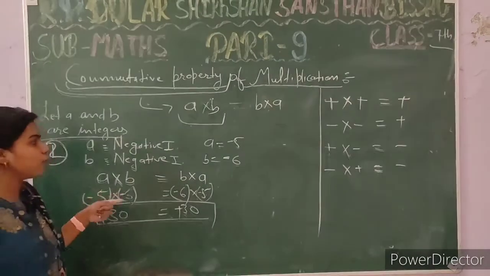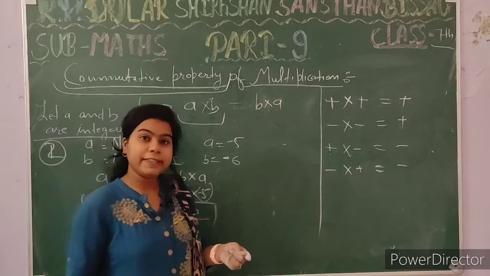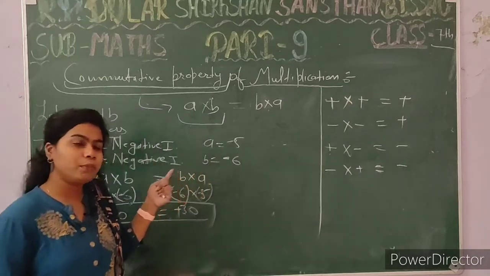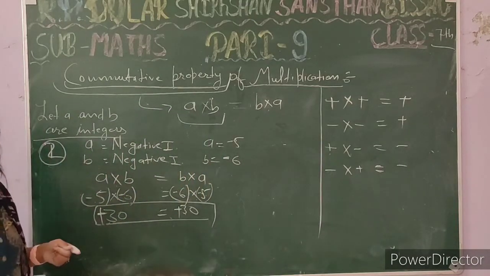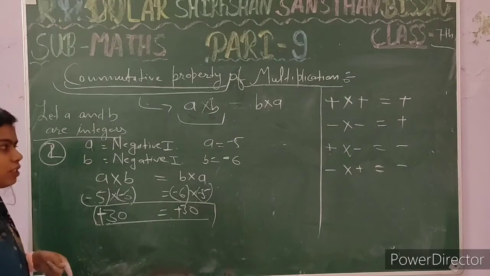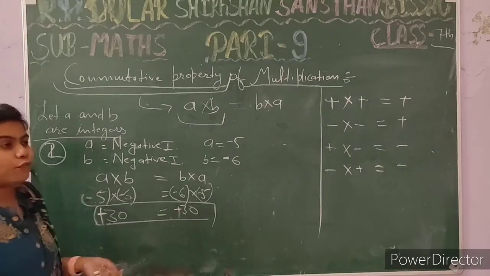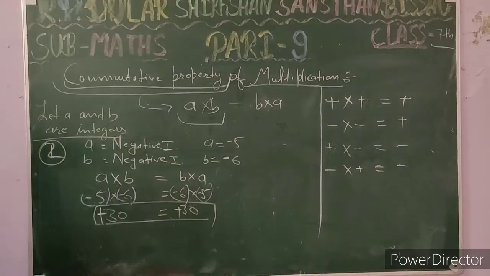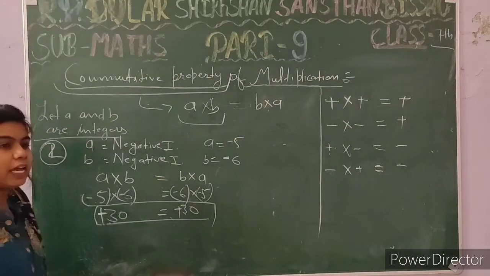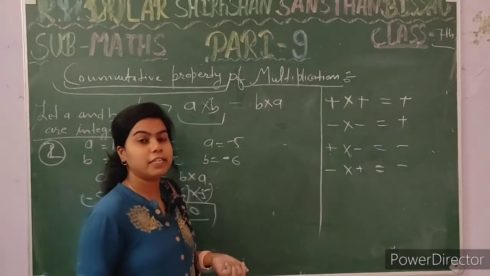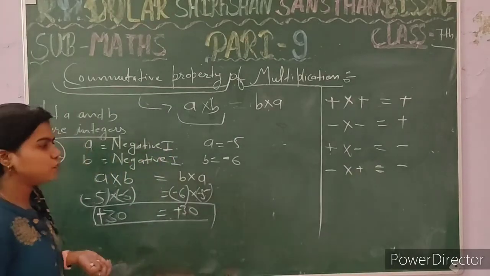It means if both integers are negative, then the commutative property of multiplication will also be satisfied. Okay students, you can take any examples of these type of questions. Don't only use 5 and 6, you can use 7, 8, 9, 10, 11, 14, 16, 18, any examples.